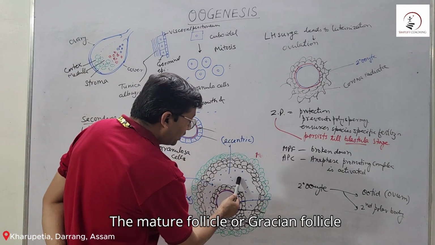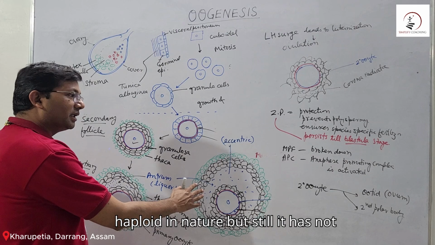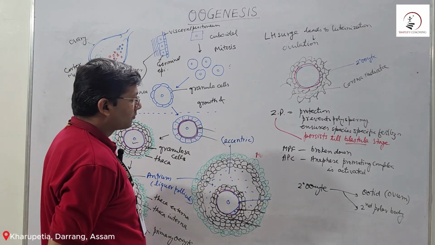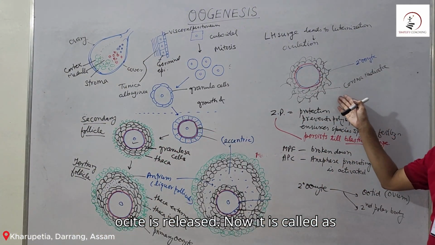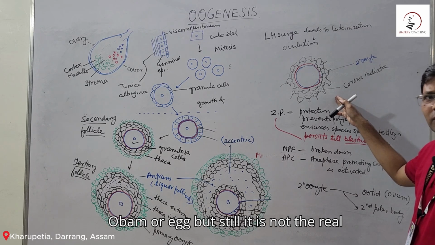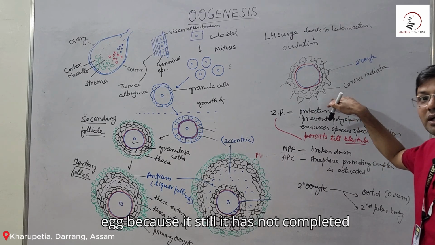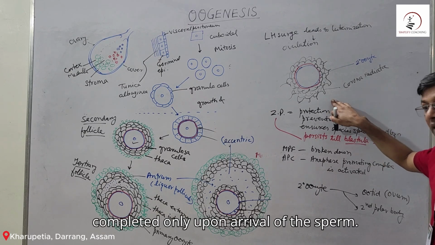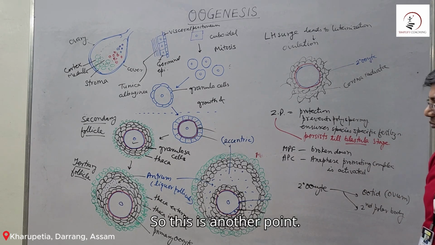The mature follicle or Graafian follicle contains the secondary oocyte, which is haploid in nature, but still has not completed the meiosis. When ovulation occurs, the secondary oocyte is released. Now it is called an ovum or egg, but still it is not the real egg because it has not completed the meiosis. The meiosis is completed only upon arrival of the sperm. So this is another point.